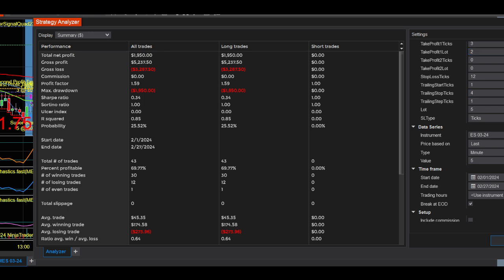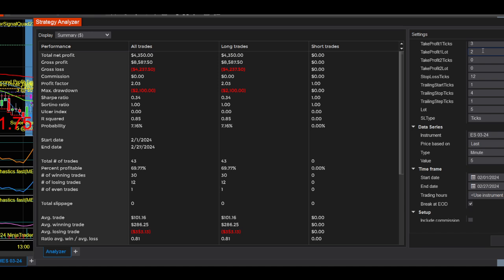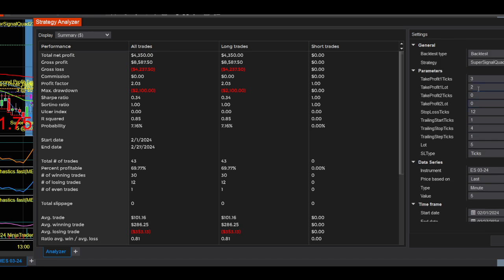You never know. Let's just see what we got going on here. So here we go. Is it 2 off or 3 off? I think I was supposed to take 3 off. Whoa, that's pretty good. $4,000. Again, about 69. That means I'm taking a couple off, letting the rest run.